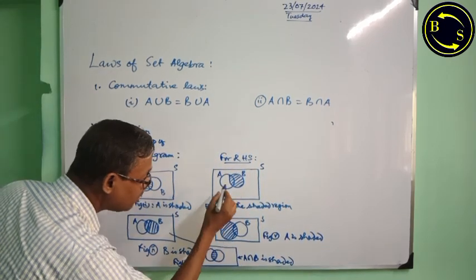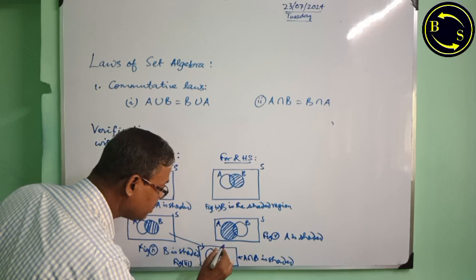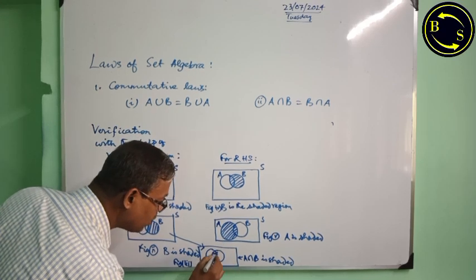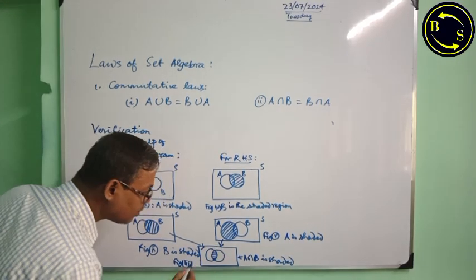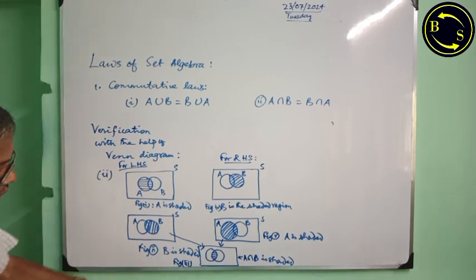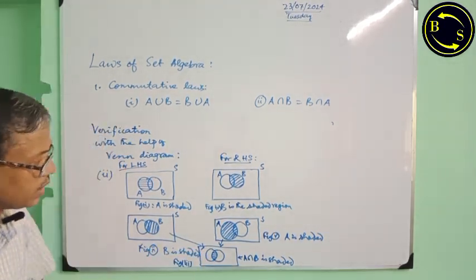Now, it is clear that the intersection part will be this one. Therefore, next diagram will be this one.